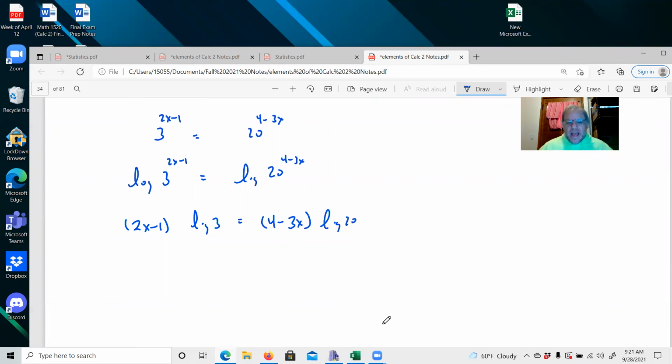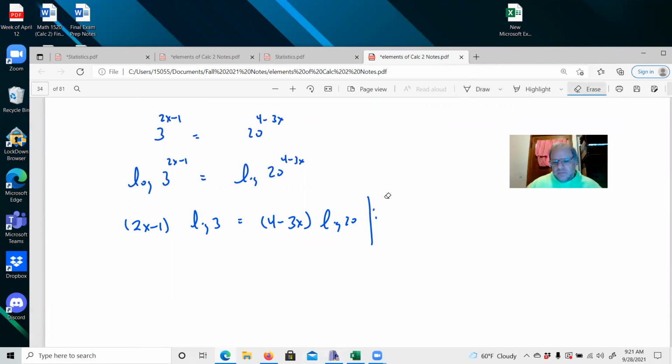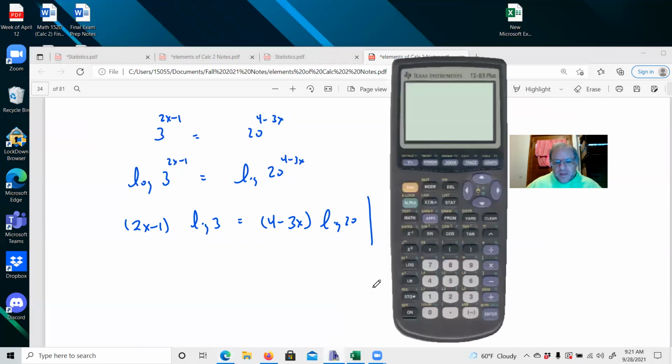Now, if you can't deal with the logarithms because they're scary, and I understand, I just want to show it to you in a different form. I either use base e or base 10. If it's your choice which log you want to use, why would you use something that isn't in your calculator?